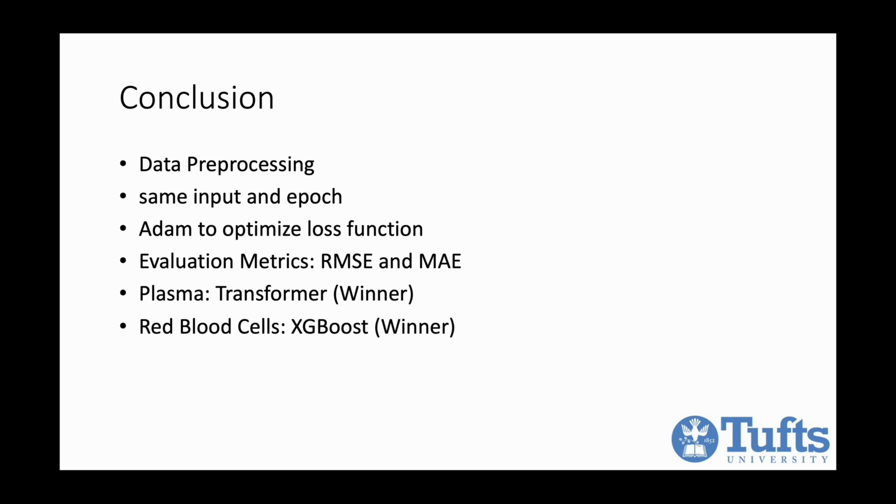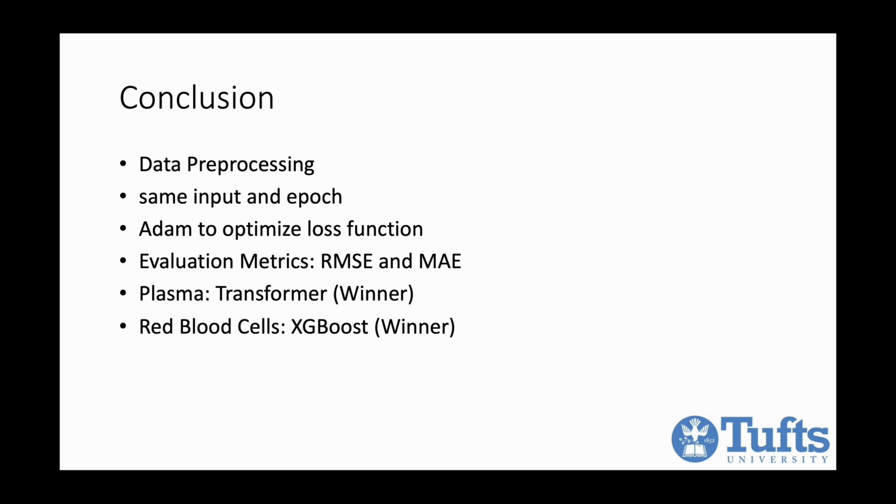The root mean square error RMSE and the mean absolute error MAE were used as evaluation metrics, and the comparison was based on the values of RMSE and MAE. For plasma data, LSTM and GRU have similar performance, but the transformer has the best performance with the smallest RMSE and MAE.